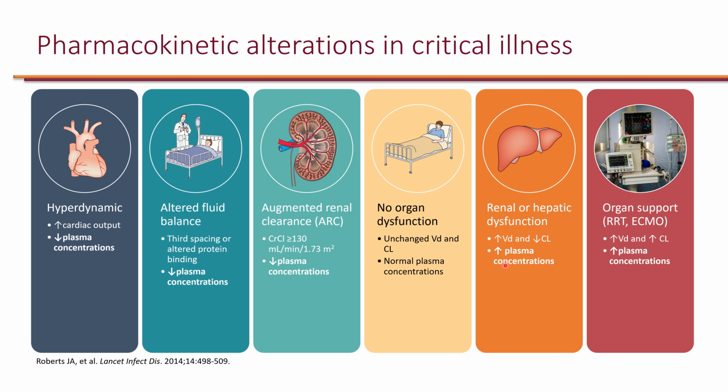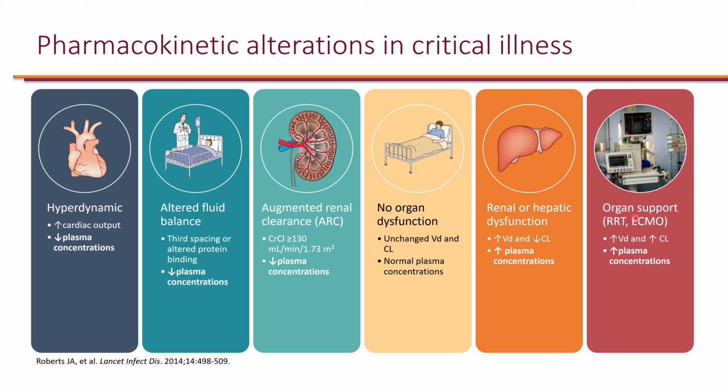And then on the other end of the spectrum, you may have increased plasma concentration, either because of renal or hepatic dysfunction, so the drug is not getting cleared. So your plasma concentration goes higher, and you need to dose adjust and reduce the dose. And sometimes there is organ support.